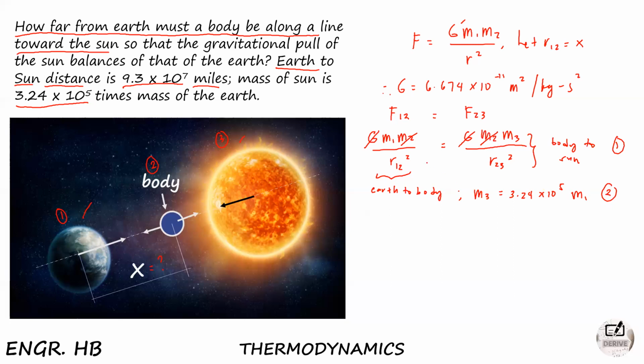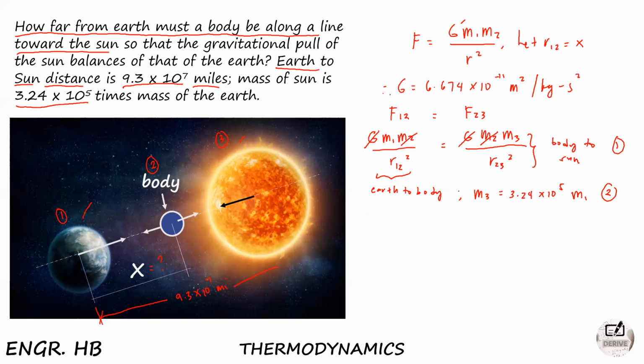So ayun, pwede nating i-substitute. Okay. So bago ako makalimutan, yung distance daw, may given pala, Earth to Sun distance, ang sabi. Yan, Earth to Sun distance is 9.3 times 10 raised to 7 miles.